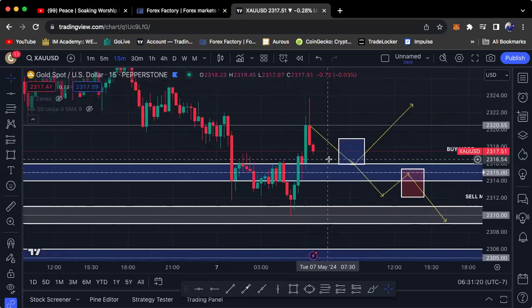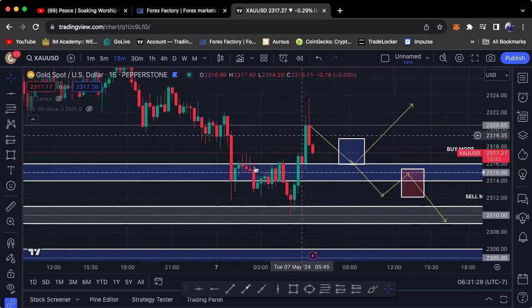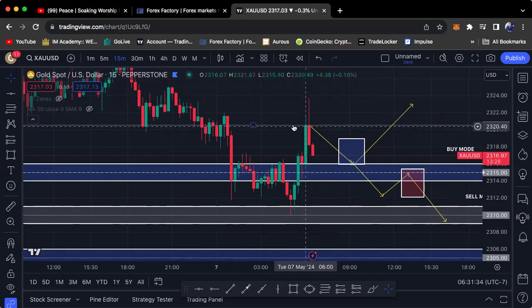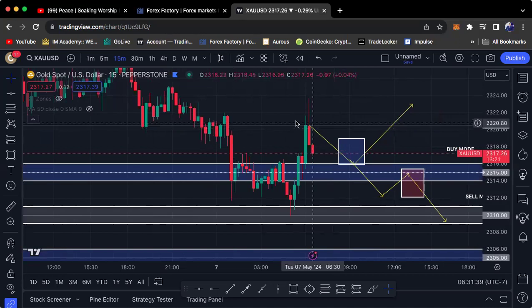You always want to look at previous structure. Broke above this resistance here, and retested this area again. Why? Because if you look left, there was price action here. You see the pattern?